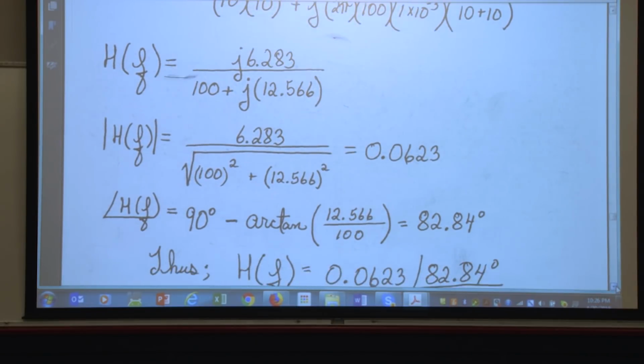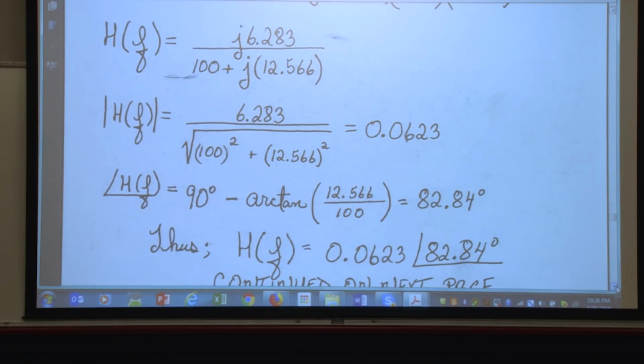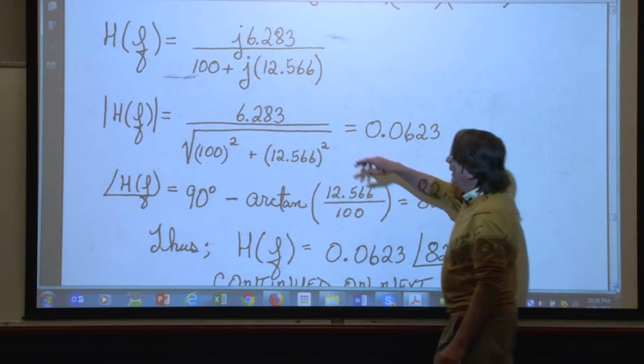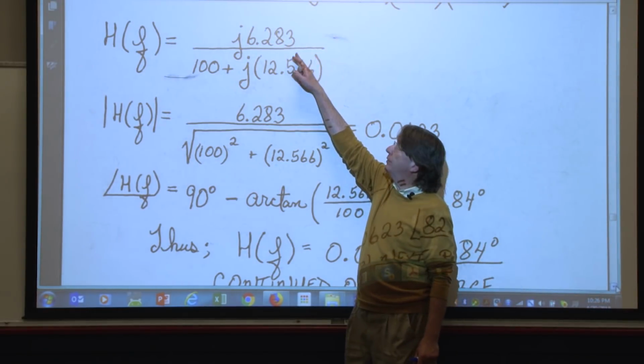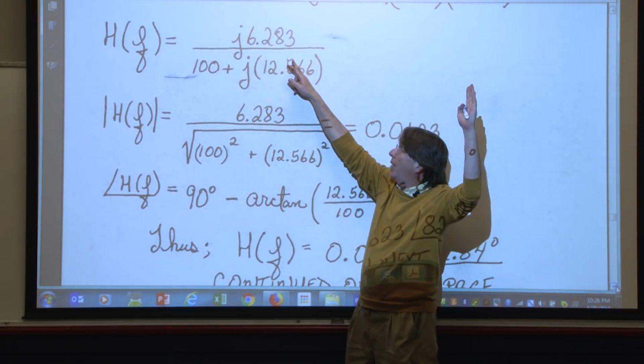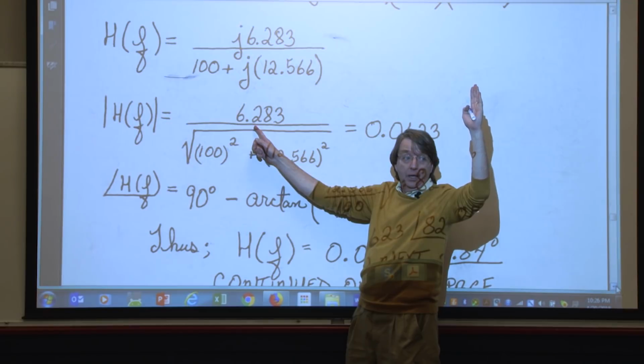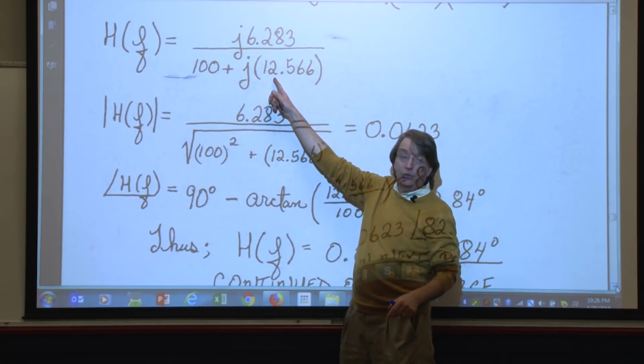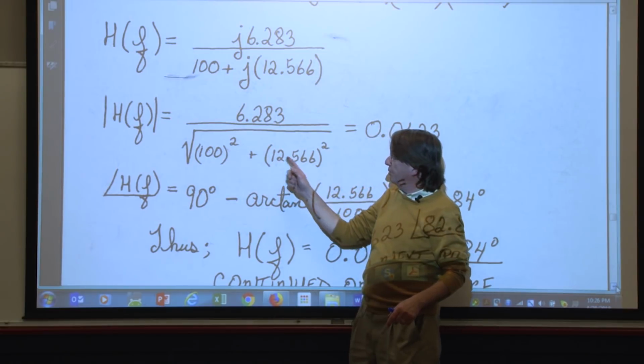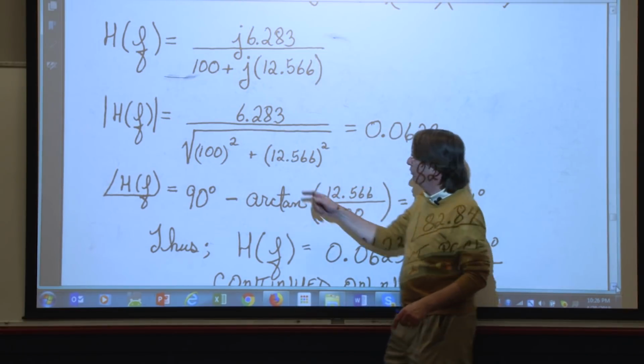So how do I get the magnitude of H of F? I'm hoping you know this, but if not, now's a good time to ask. It's the magnitude of the numerator. This is a vector 6.283 in the j direction. For the denominator, I know how to get the magnitude using the Pythagorean theorem: 100 squared plus 12.566 squared, square root.